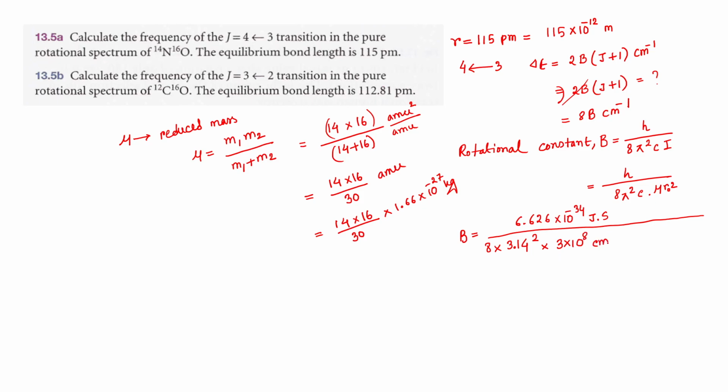I will tell you why I am writing it in centimeter. I could have written it in meter, as I told you I am taking only SI, but let me first calculate the reduced mass, which is 14 into 16 divided by 30 into 1.66 into 10 to the power minus 27, which is actually 1.24 into 10 to the power minus 26 kg.